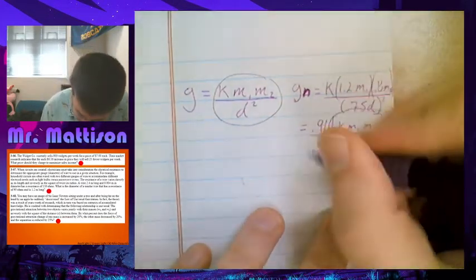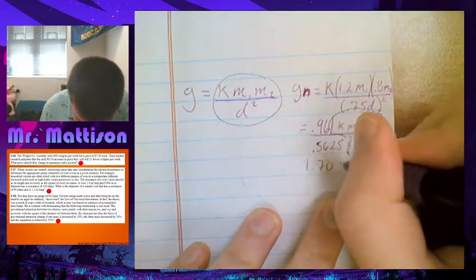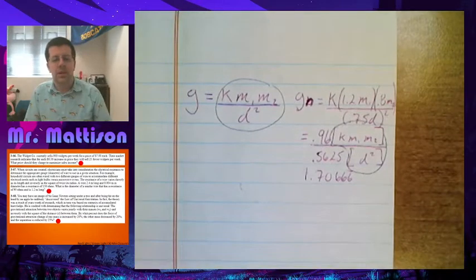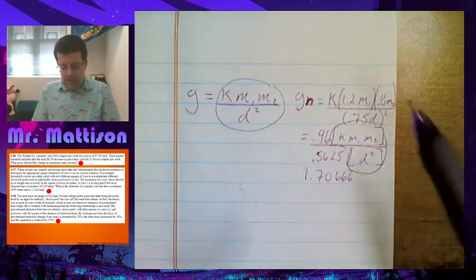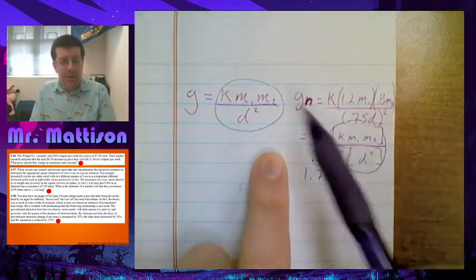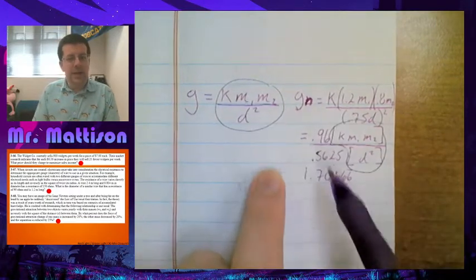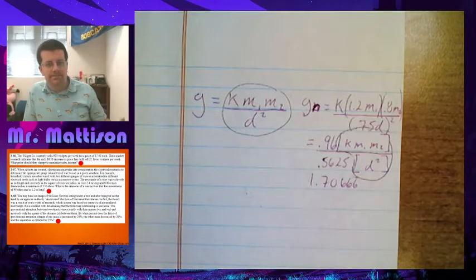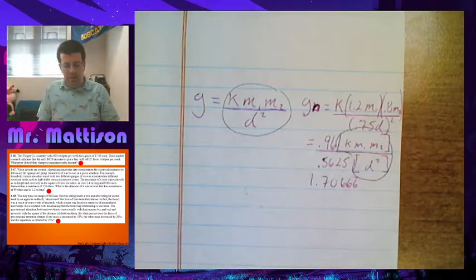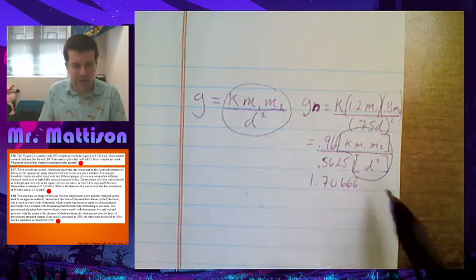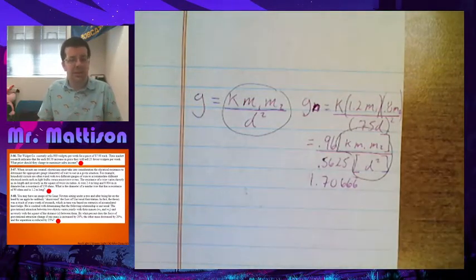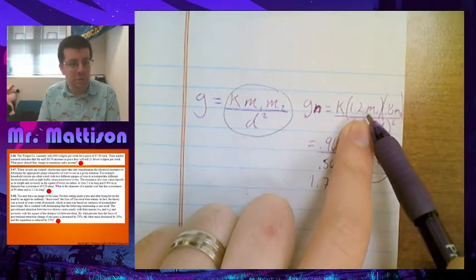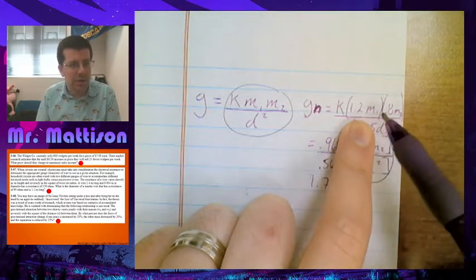1.70666 repeating kind of deal, right? So this value is whatever my gravity was here times 1.70666 repeating, right? So I'm increasing by 70.6 repeating percent for the same reason that to get to here, an increase of 20% is multiplying by 1.2.